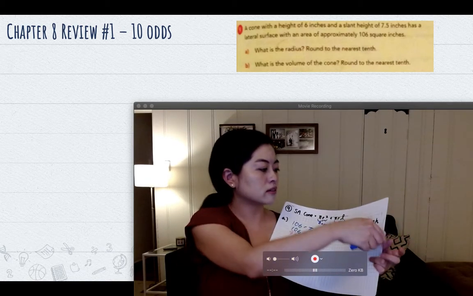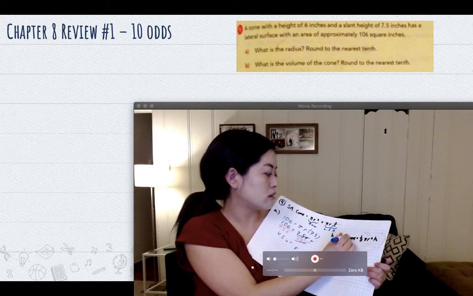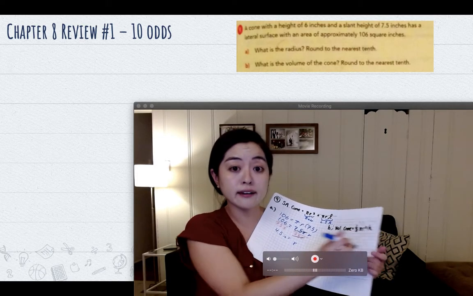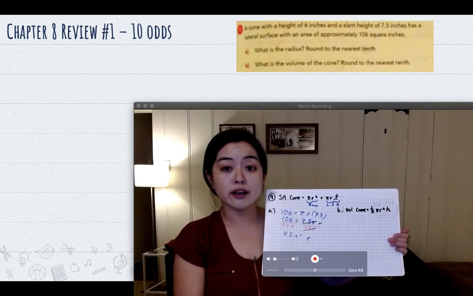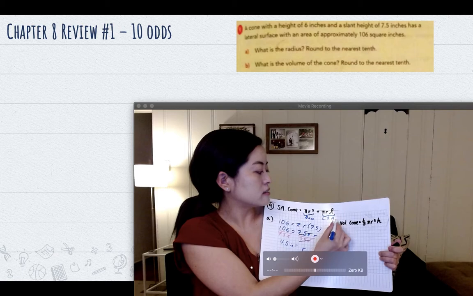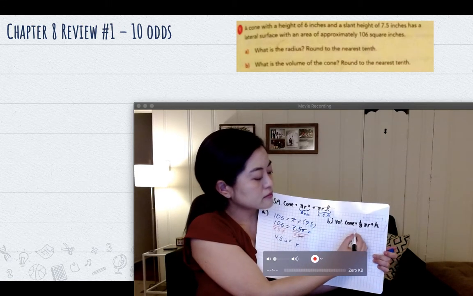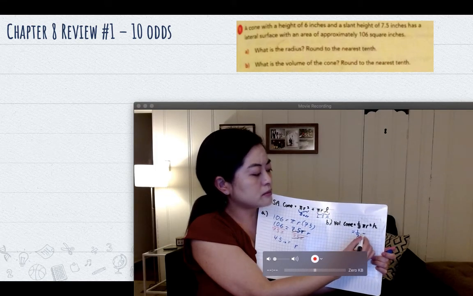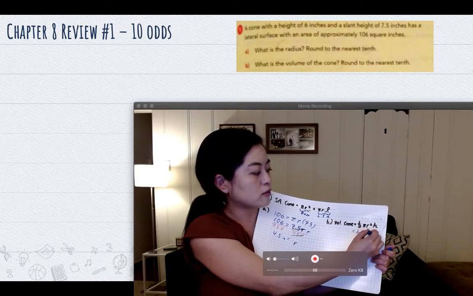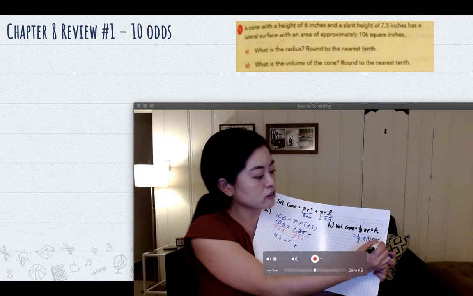Oh, you know what? Now that I know my r for this cone, I can find the volume quite easily because I know the height and I know my radius r. So part B, just to rewrite it because it looks kind of messy here, is 1/3 times pi times what's my r? My r is here, so I'm going to use that, 4.5 squared times my height, which is 6.